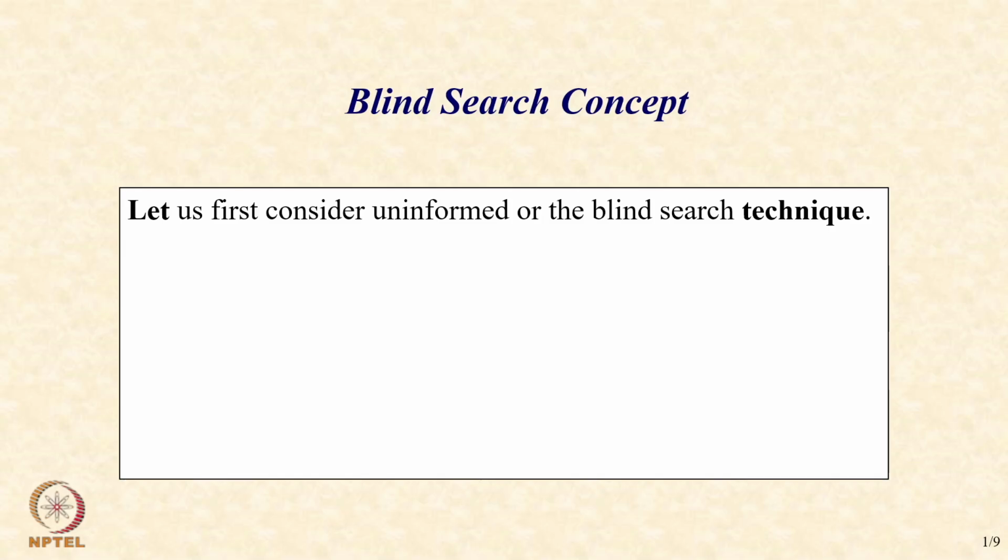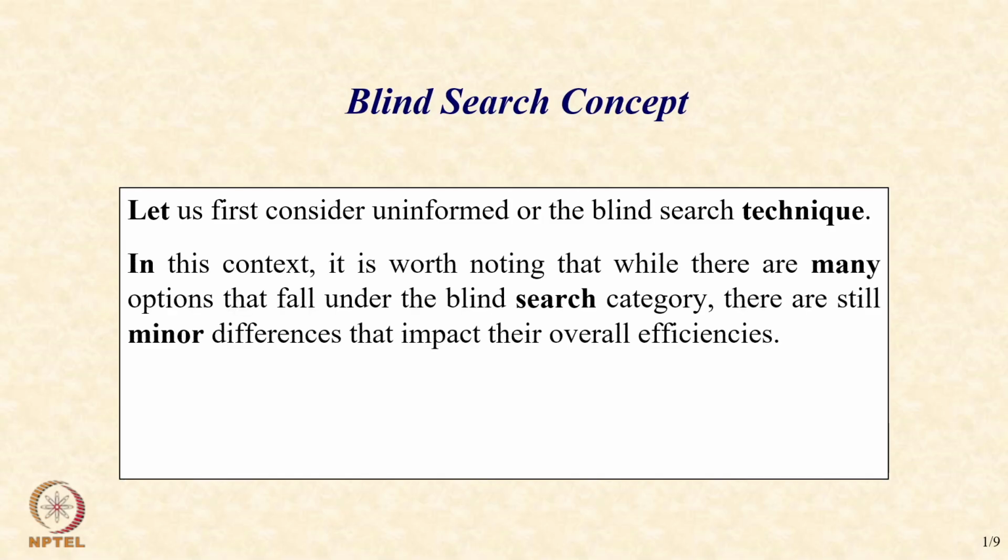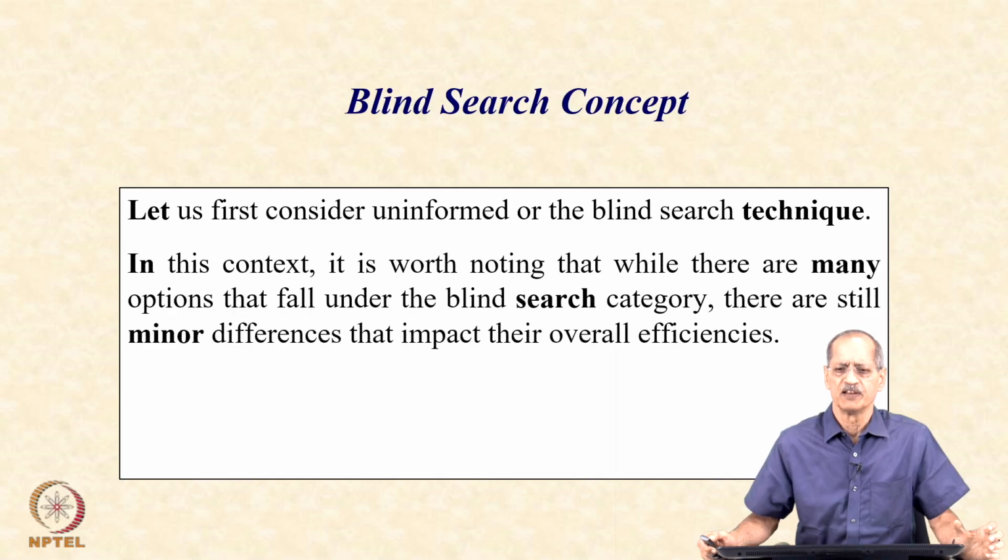The blind or uninformed search technique actually has a very big canvas. There is a large class of search techniques that come under this category. In fact, many of us, when we misplace items, generally go through this strategy of trying to search everywhere till we find it.